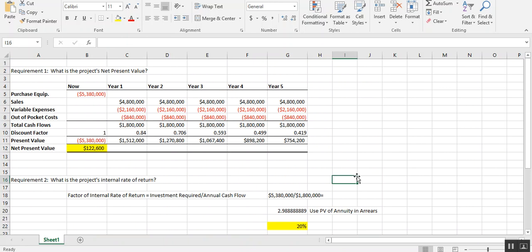So when we look up at our net present value, we use that method to calculate the value of all these cash flows. It has a net present value of $122,600. That's good. That means that it has a positive cash flow. So in other words, the value of all these cash inflows and the value of the cash outflows is a positive thing.